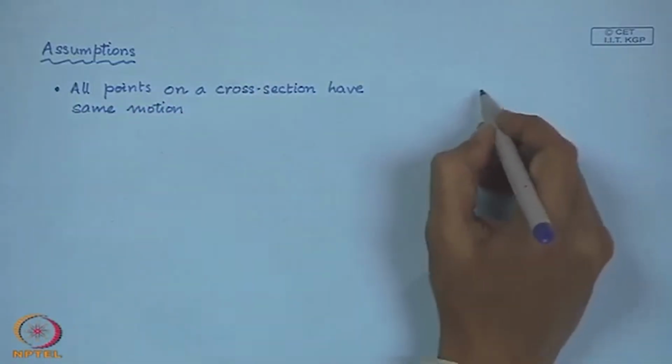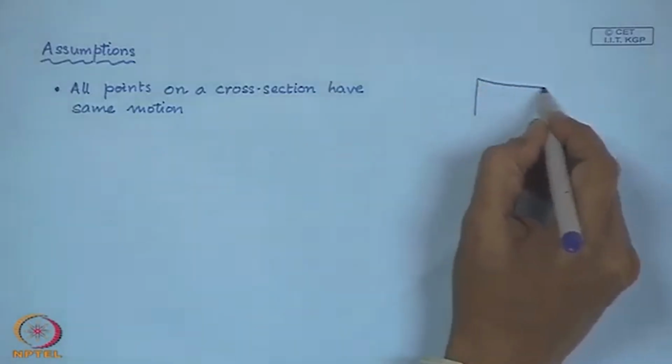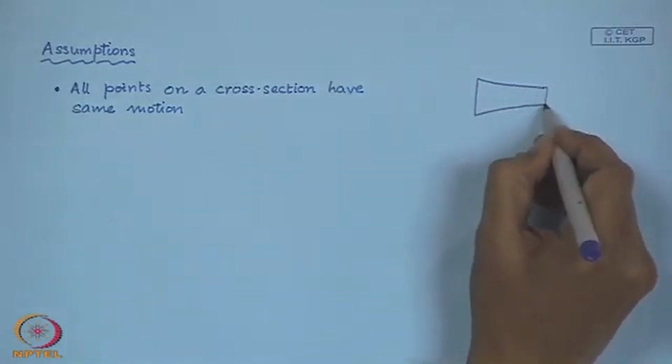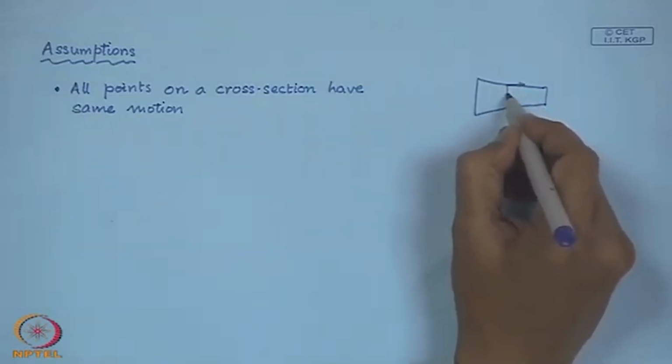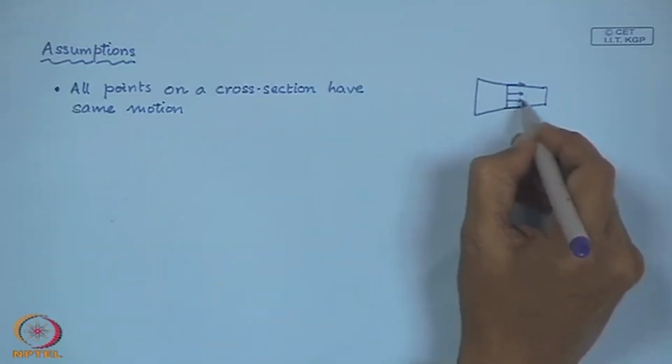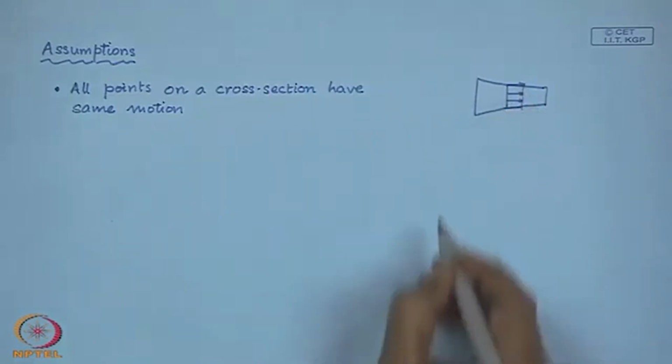So, what I mean by this is, suppose you have a bar, at a certain cross section, all points will have the same motion.